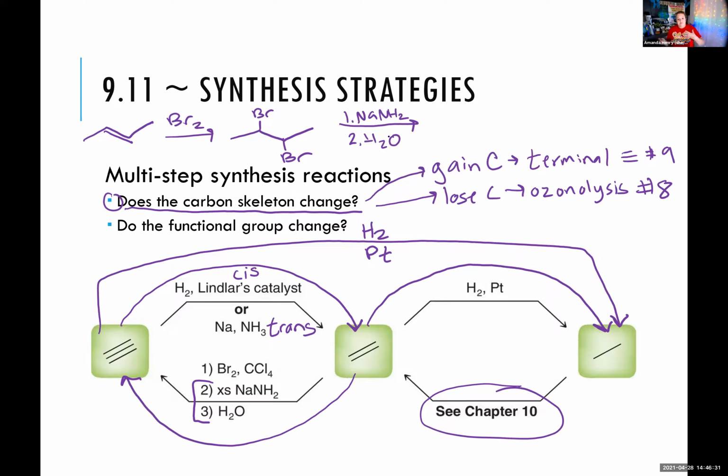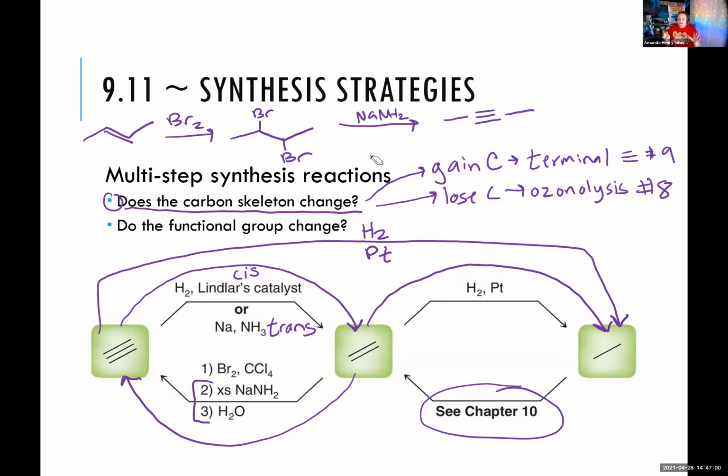We're essentially doing two elimination reactions back to back. And for this one, we actually don't need the water. Let me get rid of the water there. Remember, the water is necessary if we're making a terminal alkyne, because we need to make sure that the hydrogen on that end carbon is still in place so that the base didn't remove it.